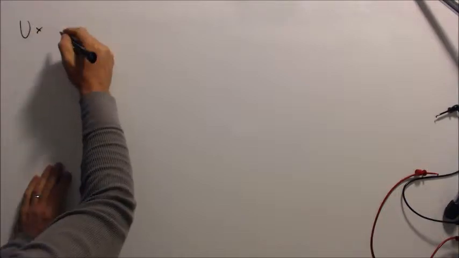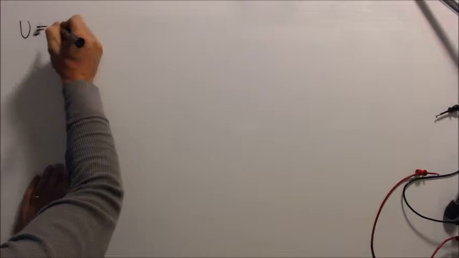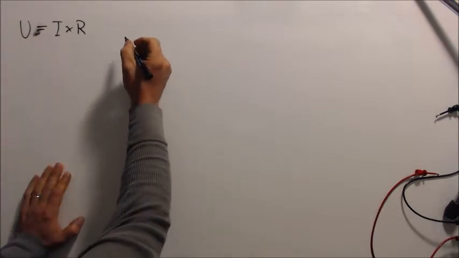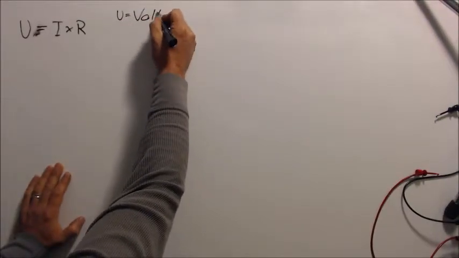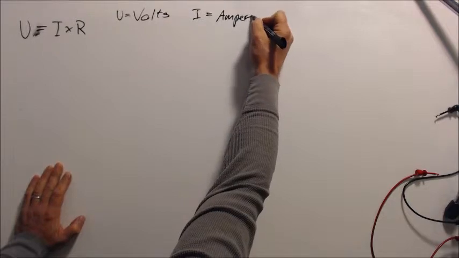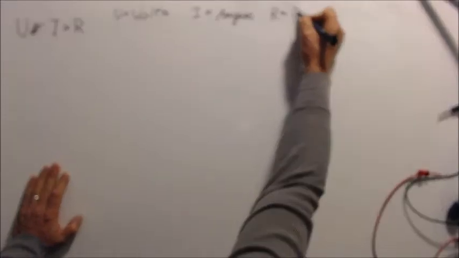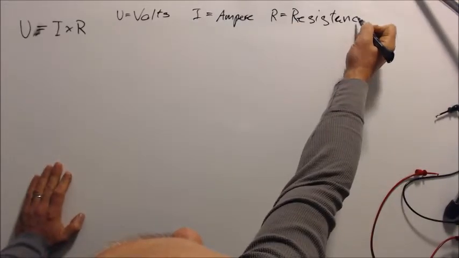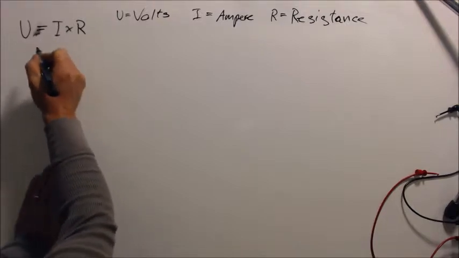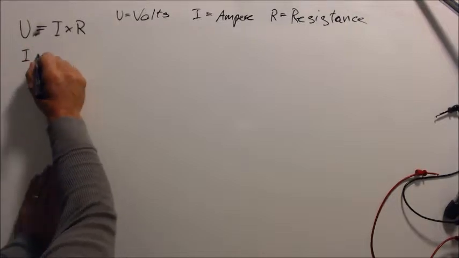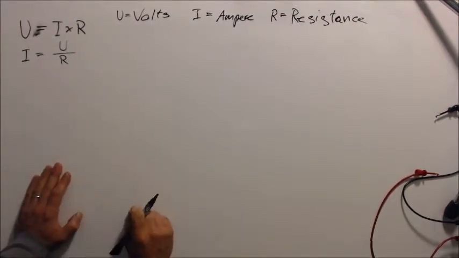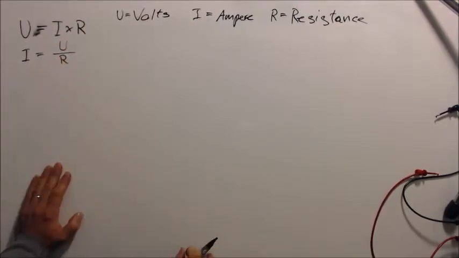The fundamental Ohm's law: U equals I multiplied by R. And just to recap, U is volts, I is amperage, and R is resistance. And the elaboration of this, if we want to single out one of the other components on the other side: amperage, to get that, we'll need U divided by R. So our voltage divided by resistance will give our amperage.